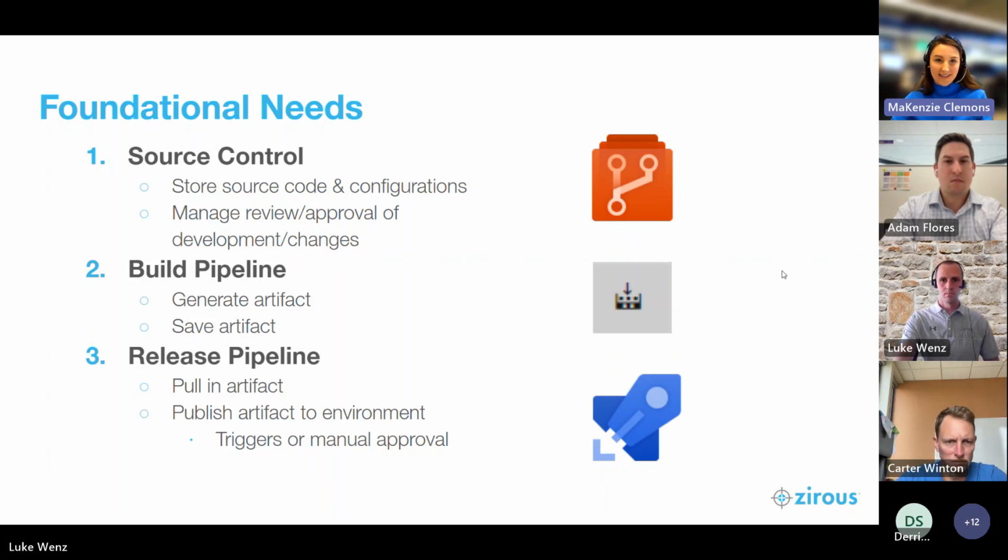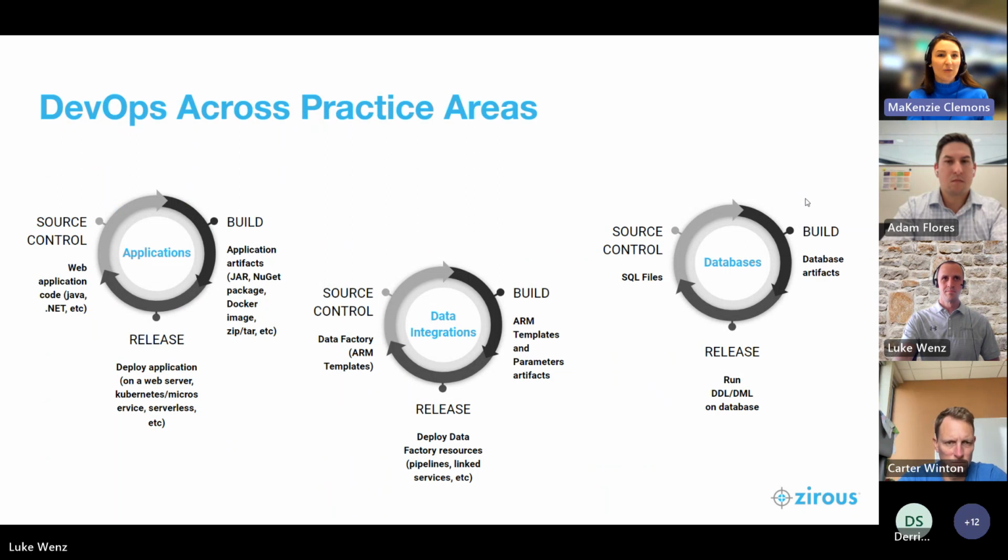So with that, in the next slide, we have a little bit more information about what these foundational needs look like across different areas of the business. On the right-hand side, you have a cycle that is showing applications. So maybe this is source control of a web application. This could be a Java application, a .NET application, some serverless application, etc. The first foundational need would be in that source control in the Git repository.